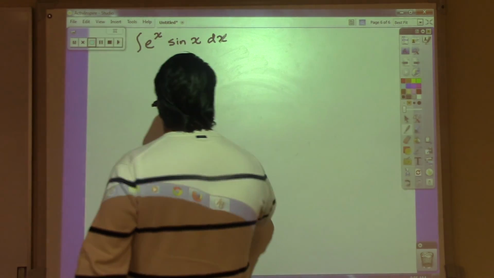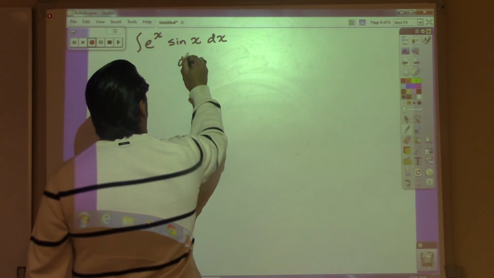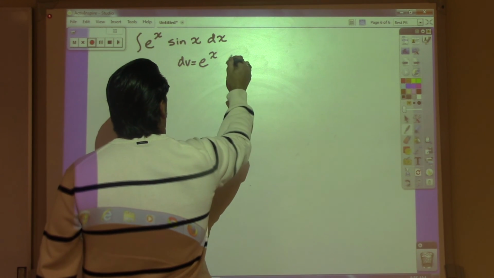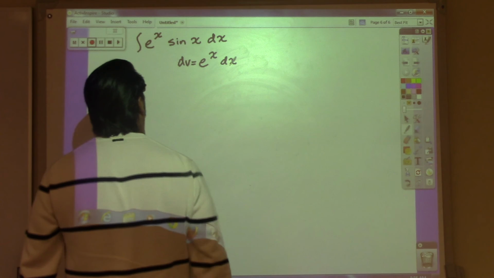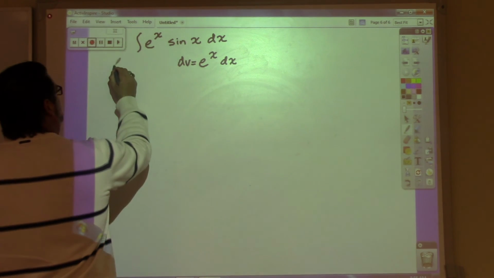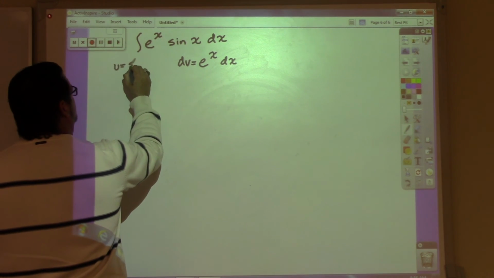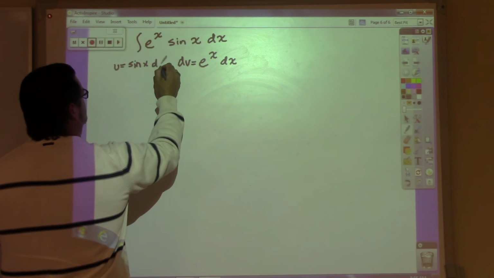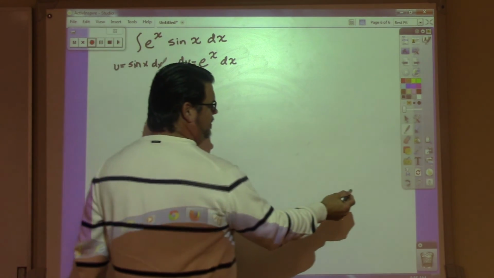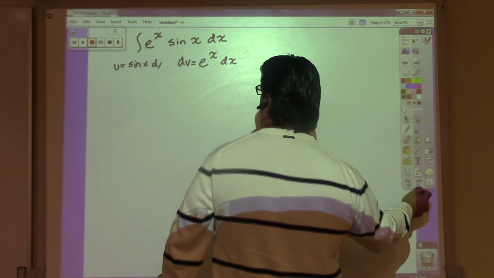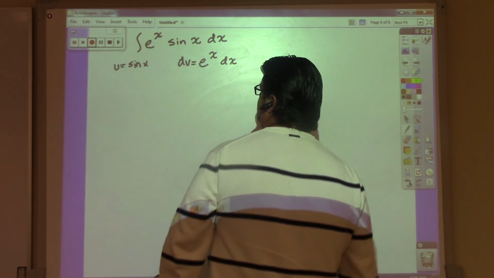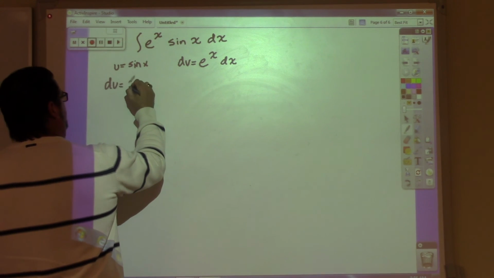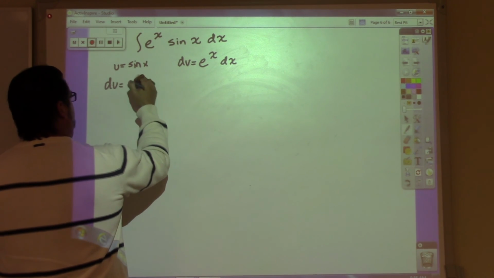So I'd make dv equal to e to the x dx, and make u equal to sine of x. Derivative of sine is the negative cosine.